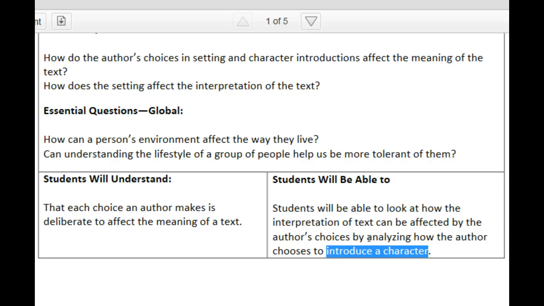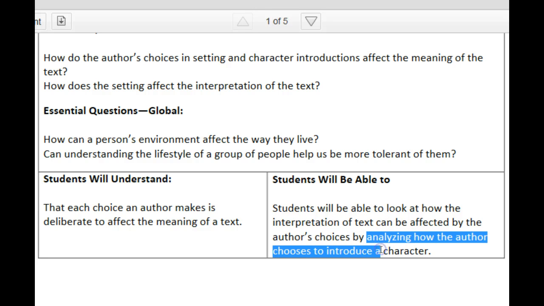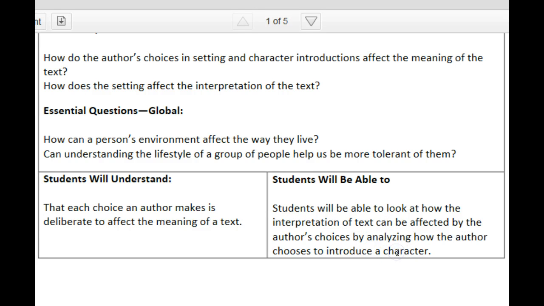If you have something really concrete like that, when the students walk in, they know what they'll be doing. I'll be reading a text, I'll be analyzing author's choice to introduce a character, and I'll demonstrate that understanding by doing what, right? By picking 3 pieces of textual evidence or something like that.